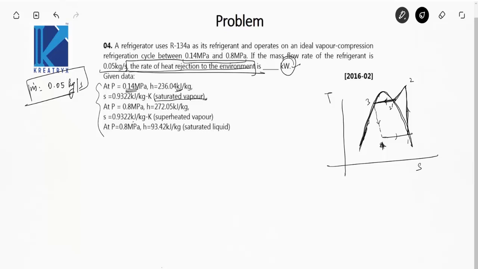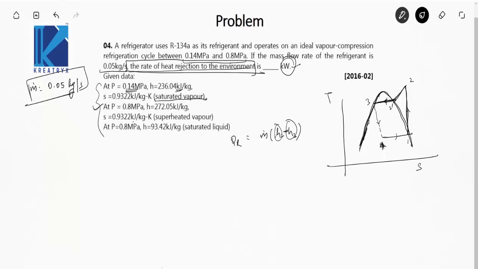So rate of heat rejection will be m dot times H2 minus H3. Now all we have to see is do we have the values of H2 and H3, and I guess from the data we will get these values. So let's find out H2 first.